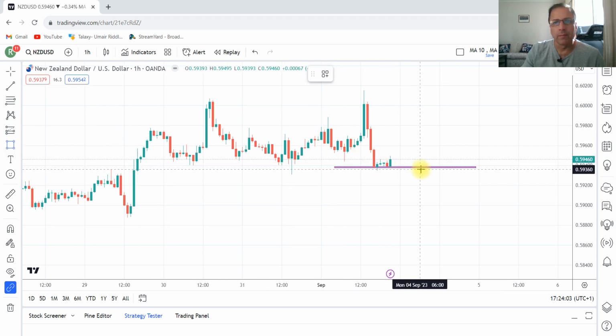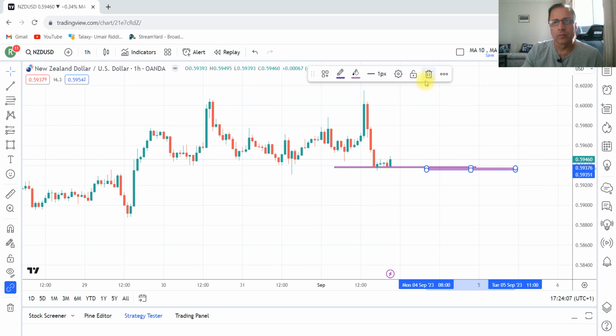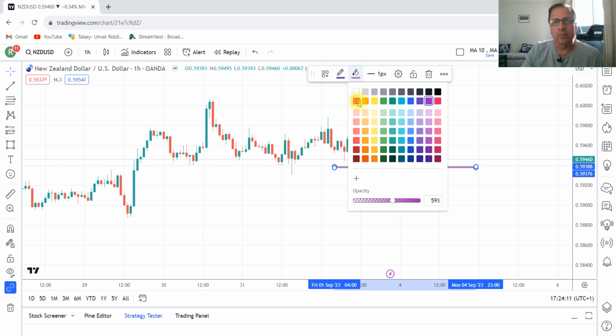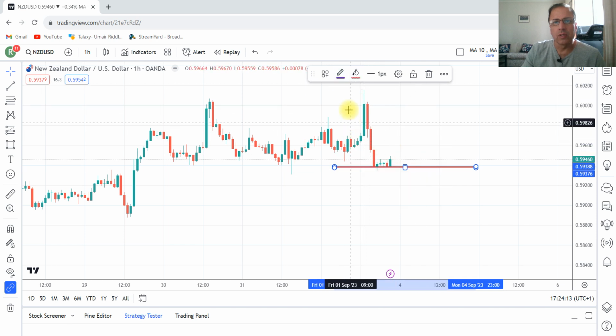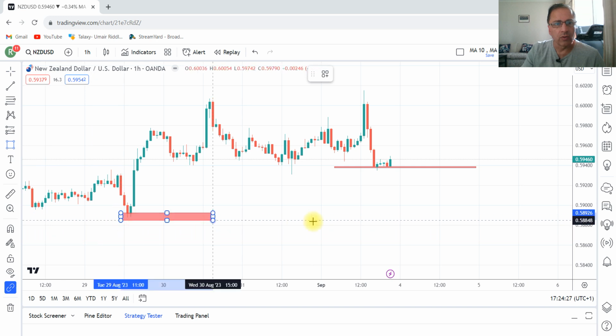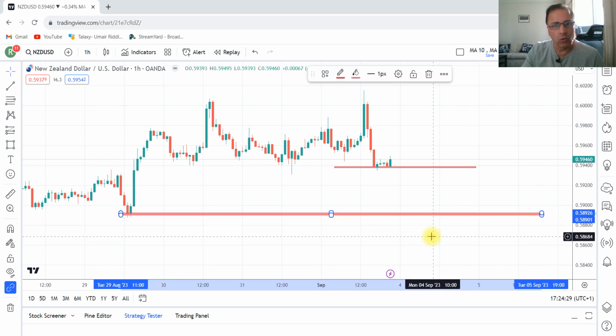If, just 1 second guys, if it breaks down this 1-hour support level, then it is highly likely to come down to these lows.